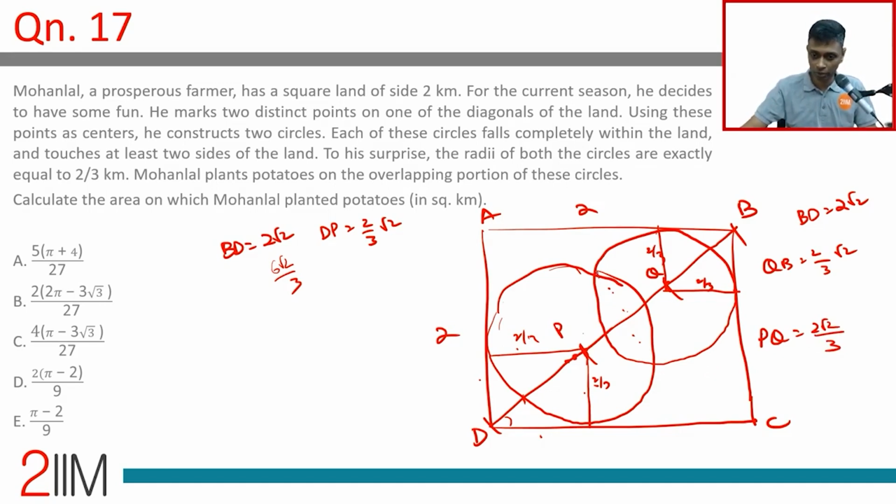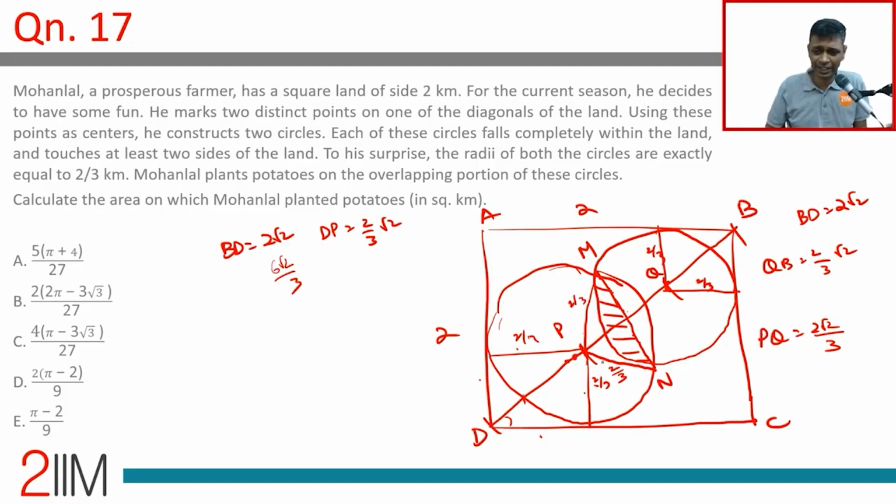Lovely. So let's join this common chord and call that, say, MN. So if we find the area of this segment and then we double it, we are through. How do you do that? Join PM, join MN. Lovely. So this is 2 root 2 by 3, that is PQ. And so PM is 2/3, PN is 2/3.